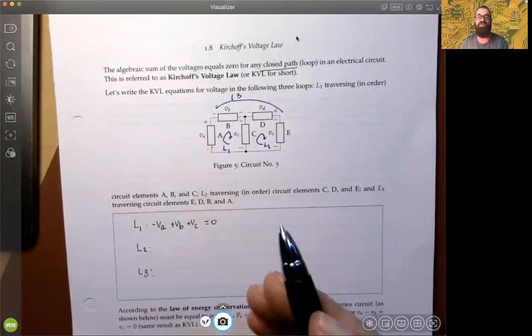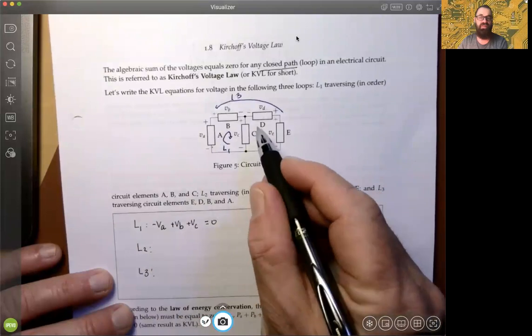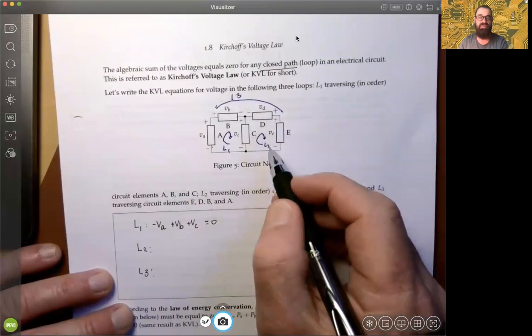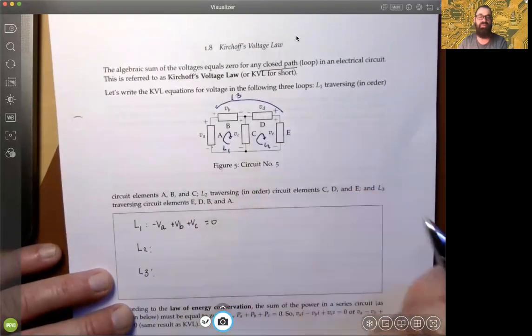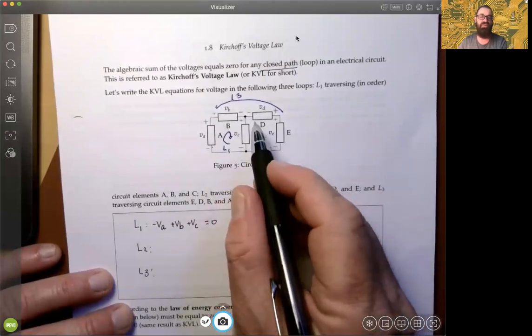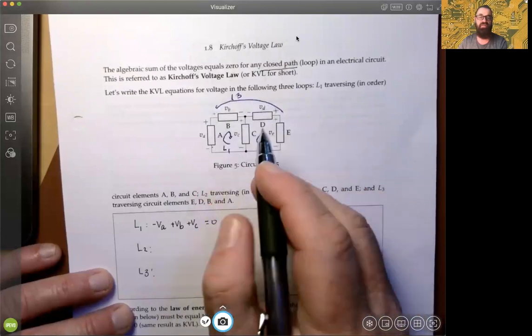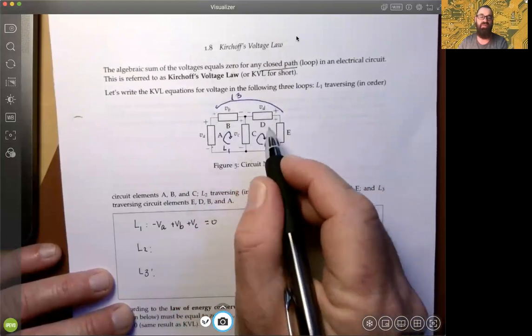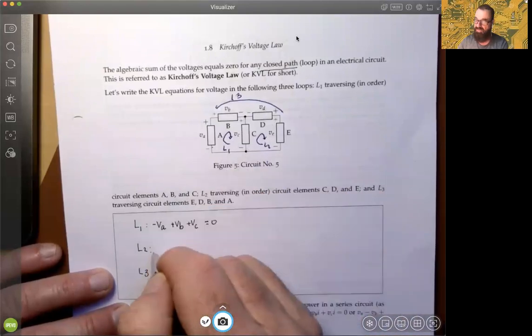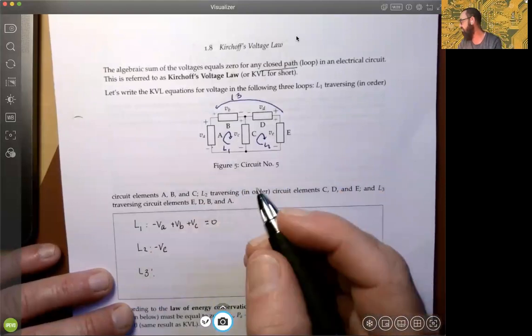Okay? Again, if you go around loop 2, we've represented it clockwise. It doesn't really matter which way we do it, okay? But it's good to be consistent. But in this case, I'm going to show you both ways. These two we're going to do clockwise. The other one we're going to do counterclockwise. So if this one is clockwise, we're going to come into the negative pole for the C element, so we'll represent its voltage as minus VC.